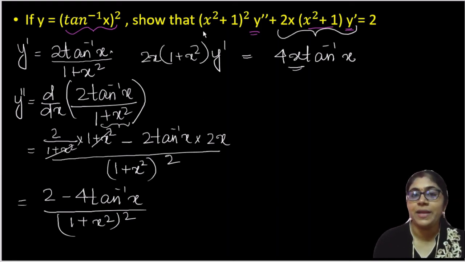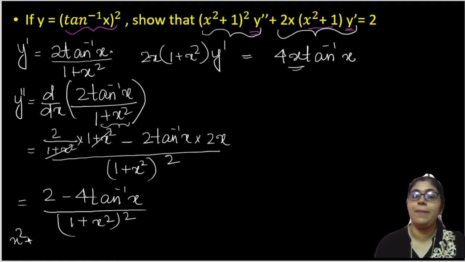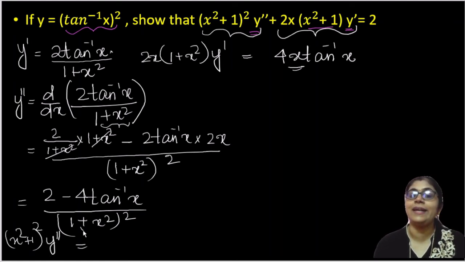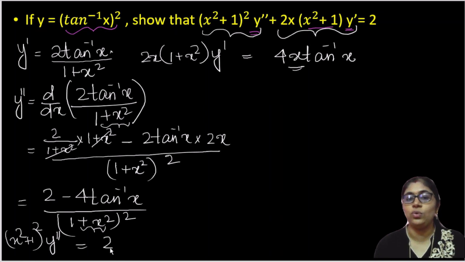So what happens if we multiply x square plus 1 whole square with y double dash? So x square plus 1 whole square y double dash equals, here it is in the denominator, so both the portions will be cancelled. So this is equal to 2 minus 4x tan inverse x.